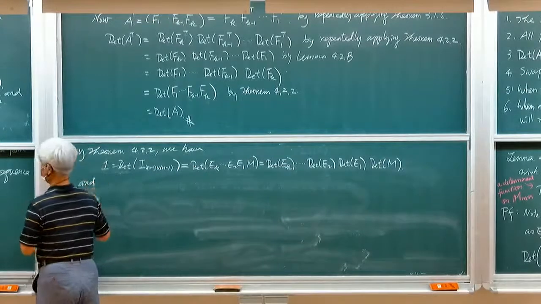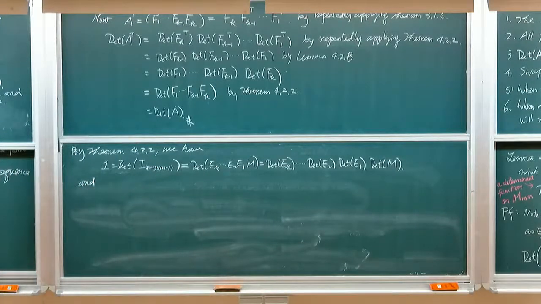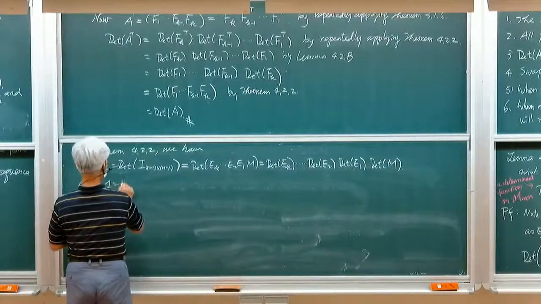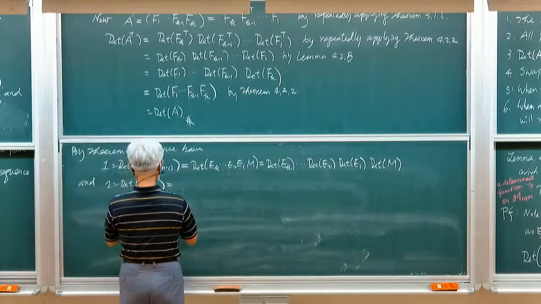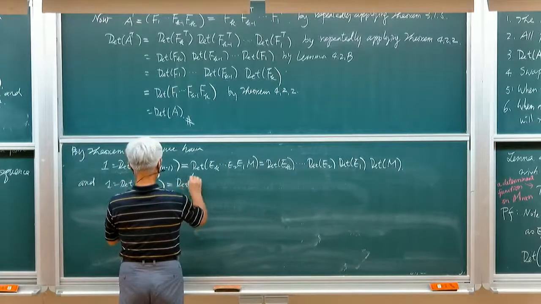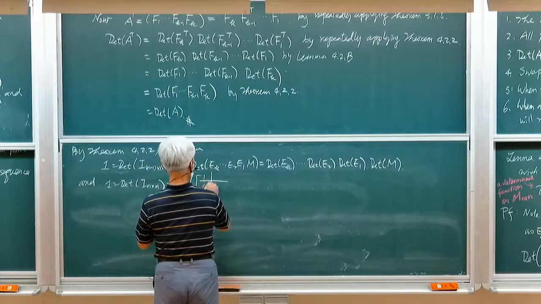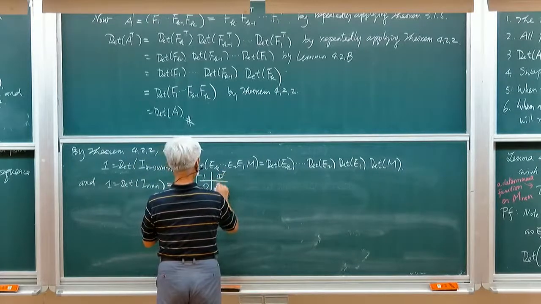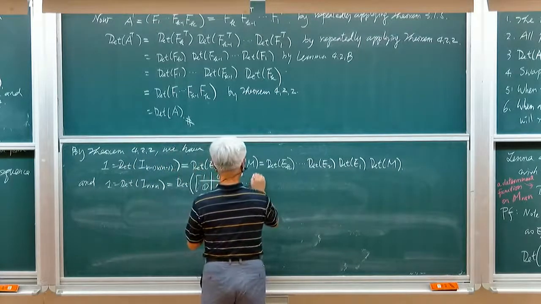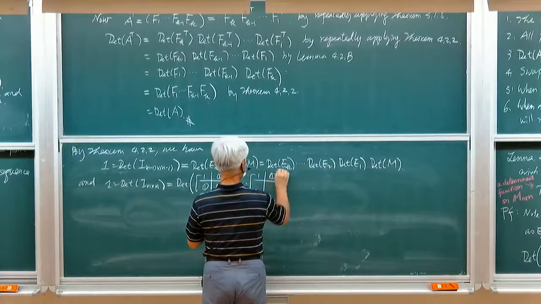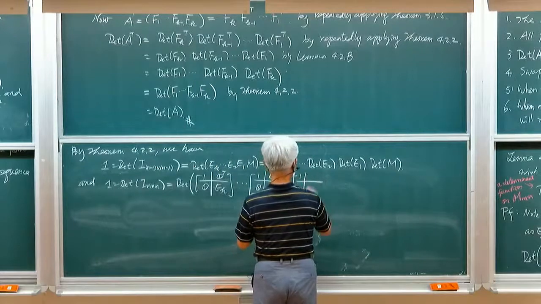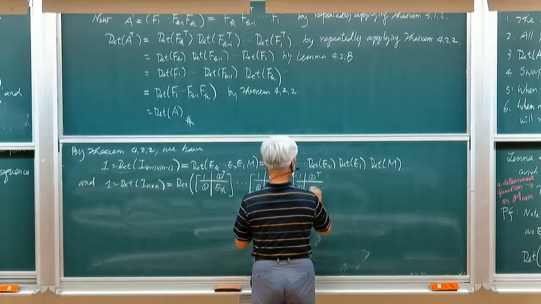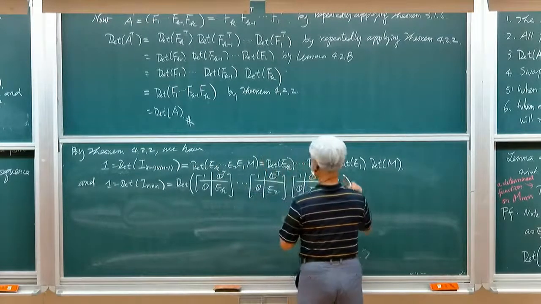And by this formula, 1 is equal to the determinant of the n times n identity matrix. So this is the determinant of A here.